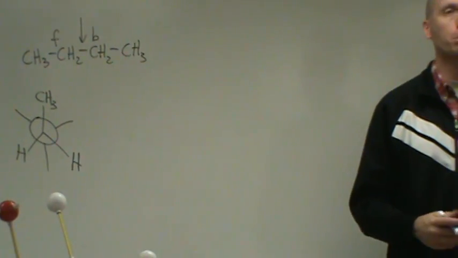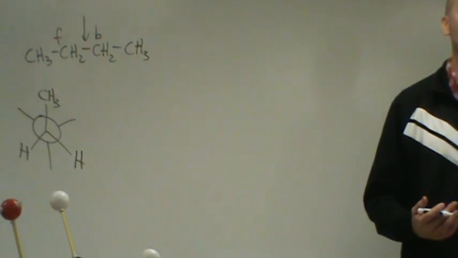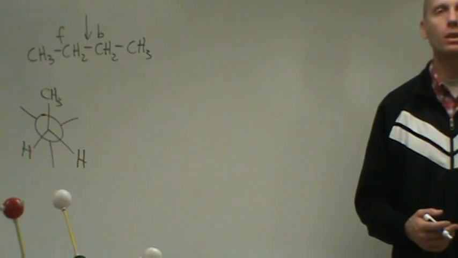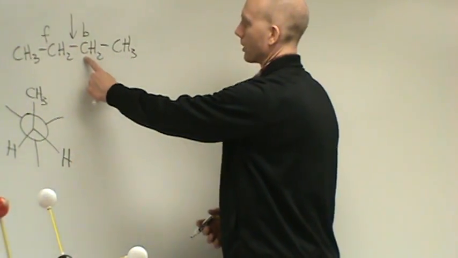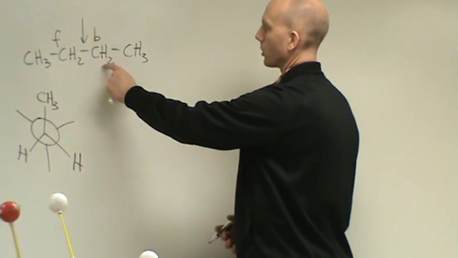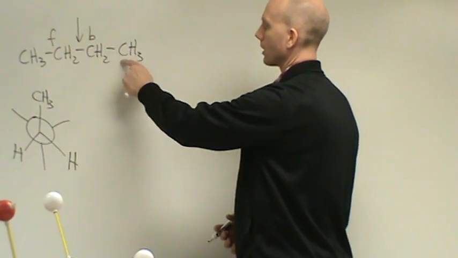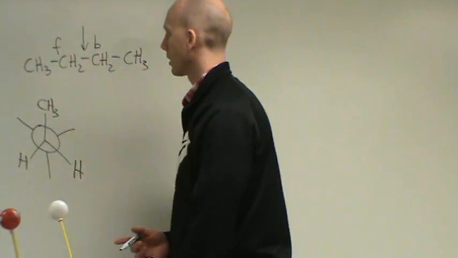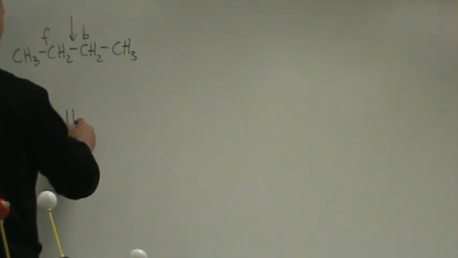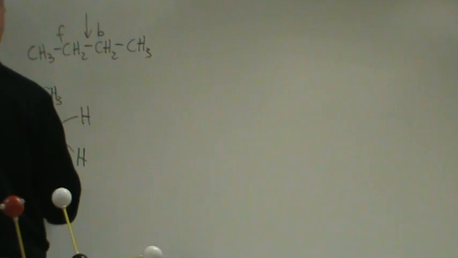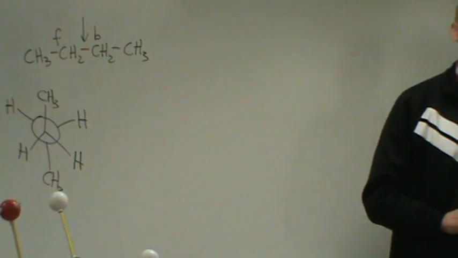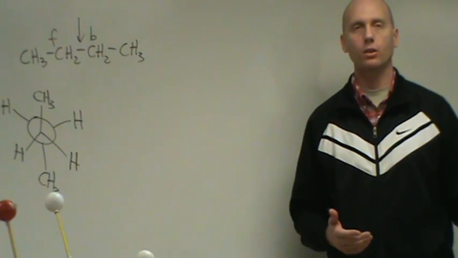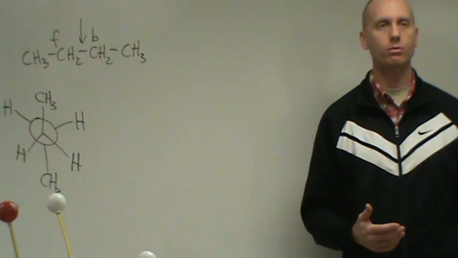You could have put them on anywhere you wanted to. I just chose that one. What does the back carbon have on it? 2 hydrogens and the CH3. I'll choose to put them on here, like that. So notice I'm starting with a staggered conformation once again.